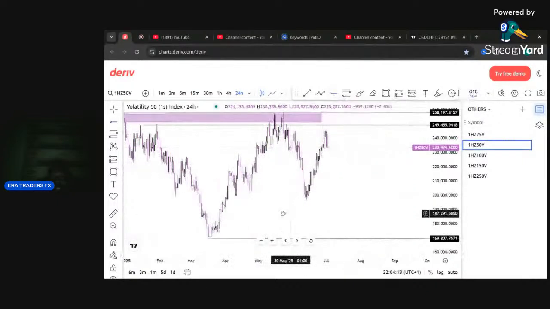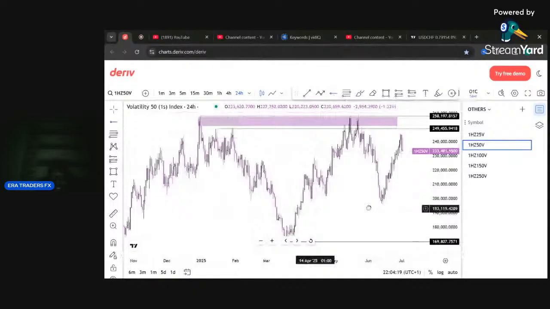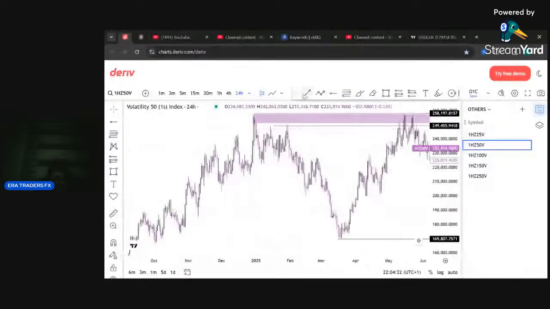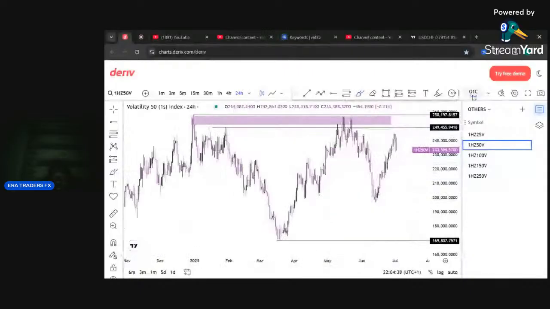So on the downtrend, sweep of this high, then we add a break of structural liquidity, then return into POI, drop. So now let's see.